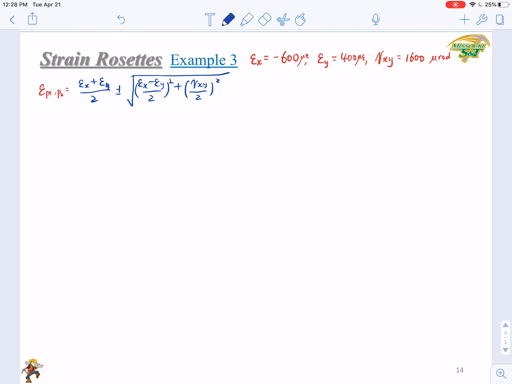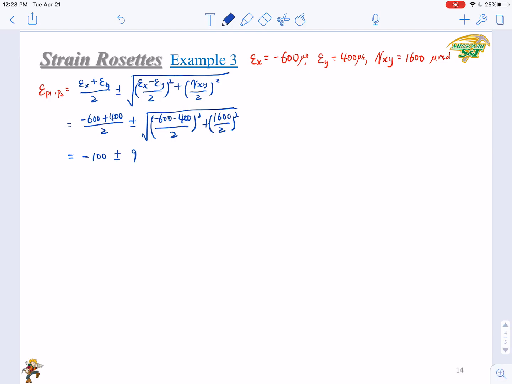They will have negative 600 plus 400 over 2, plus or minus, in here you have negative 600 minus 400 over 2 squared, plus 1600 over 2 squared. Then here you will have negative 100.